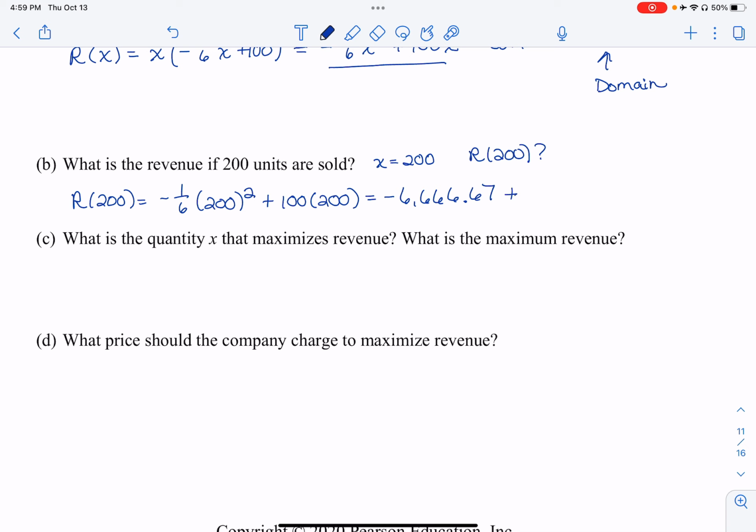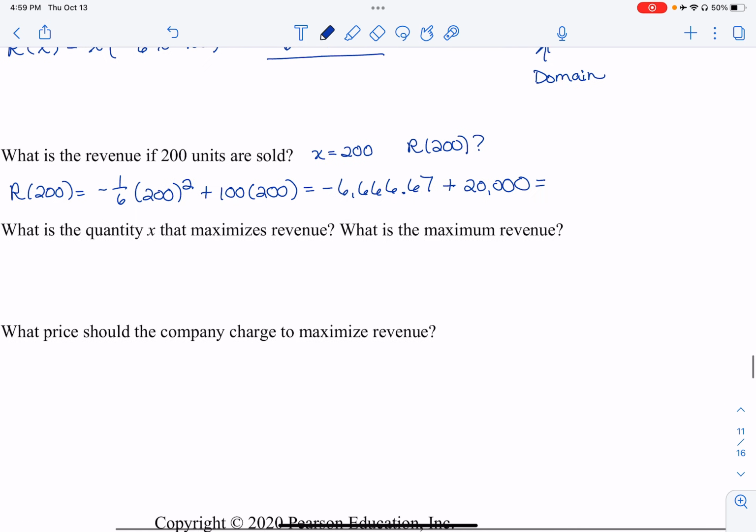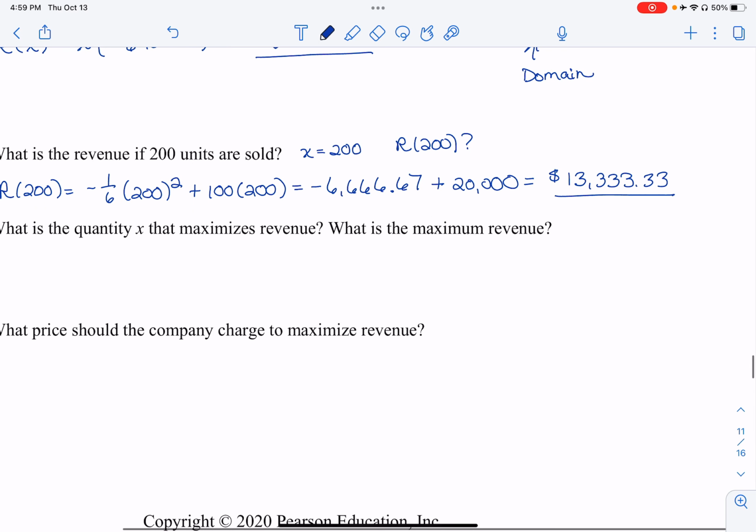Plus 100 times 200 is going to be 20,000. So if we add those together, our revenue is going to be $13,333.33 when we sell 200 units.